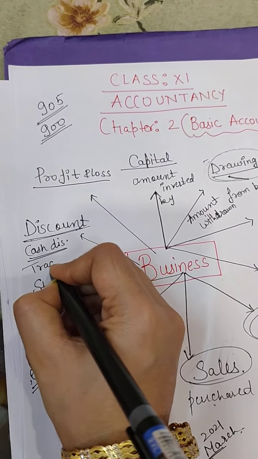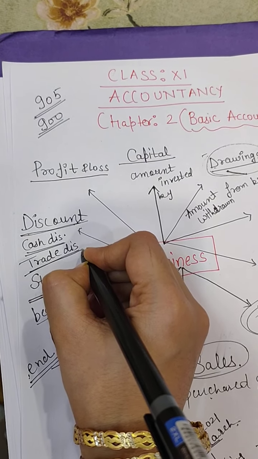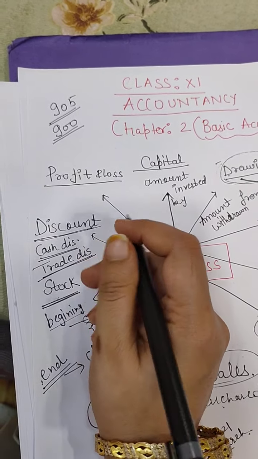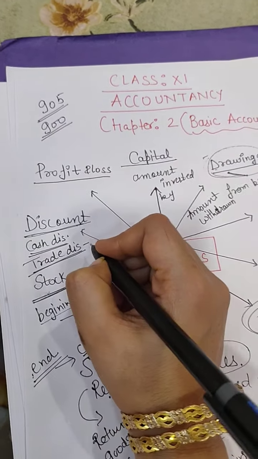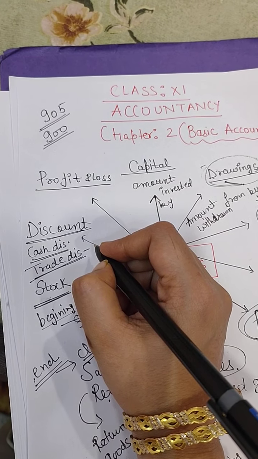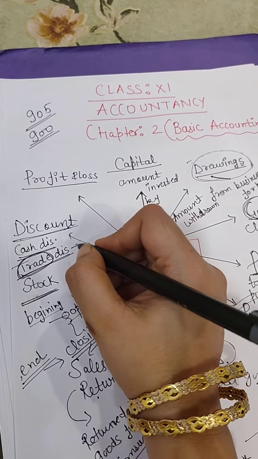And what is trade discount? It is already mentioned, like at Pantaloons or any brand, you can see that 10% flat discount is going on, up to 50% discount is going on, because this is already mentioned. This is included in trade activities.